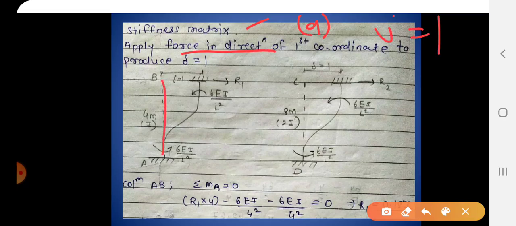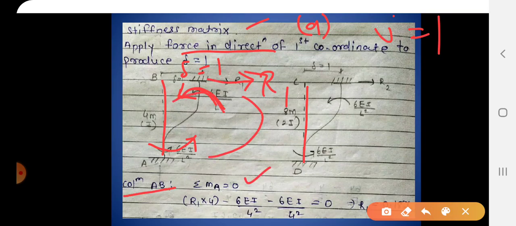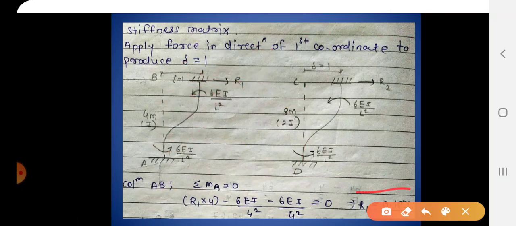Again considering the free body diagram of column AB and the free body diagram of column CD, due to delta equal to 1, moment will get produced: minus 6EI delta by L square at each end, and due to this we require R1 towards the right. Considering column AB, summation MA equal to 0. So R1 into 4 minus 6EI delta by L square minus 6EI delta by L square equal to 0, and you will get the value of R1.